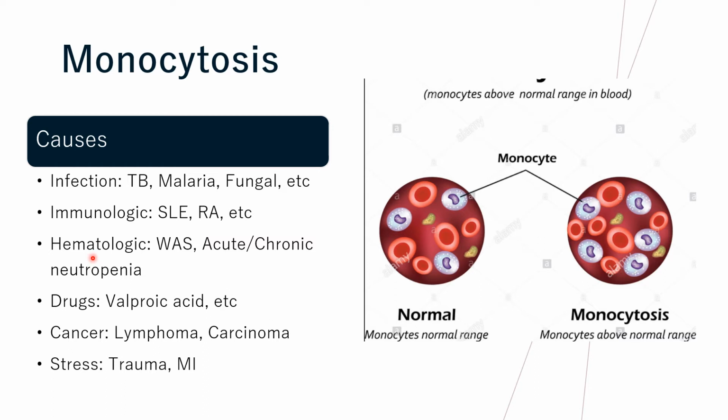Certain hematologic conditions like Wiskott-Aldrich syndrome and chronic neutropenia may increase monocyte count. Drugs like valproic acid may also cause monocytosis. Patients who have cancer like lymphoma and other carcinomas may also have increased monocyte count. And lastly, stress caused by trauma may also cause monocytosis.